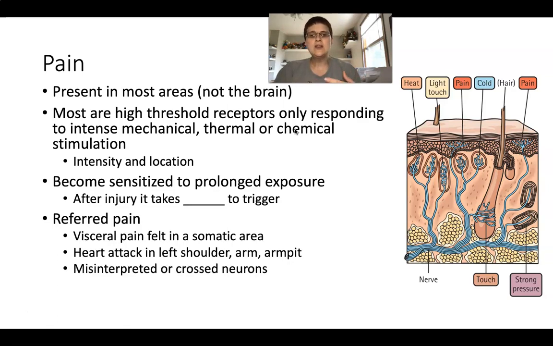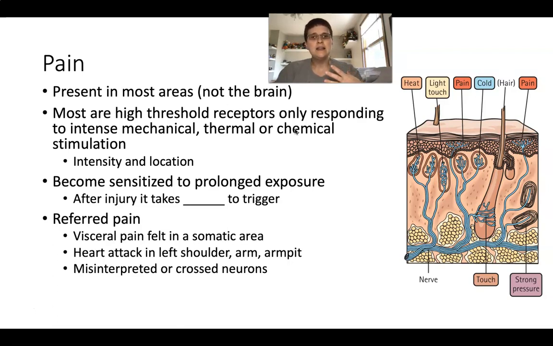And this is caused by misinterpreted firing of neurons. Your brain can't really tell you, hey, it's your heart that hurts. But it can tell you, hey, something in this area hurts. Or sometimes the neurons get crossed on their signals, and so the firing goes down the wrong direction.